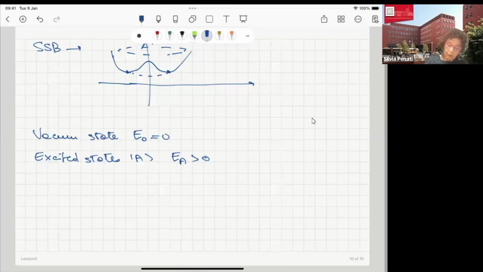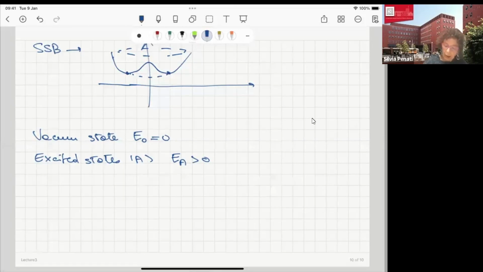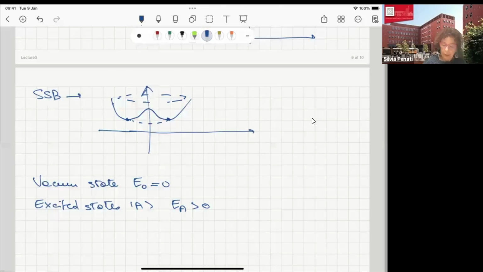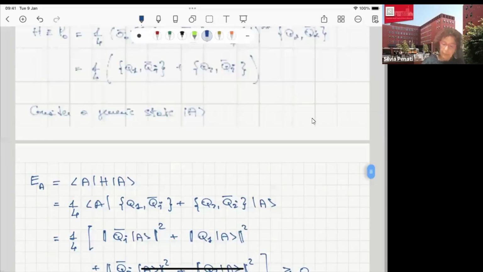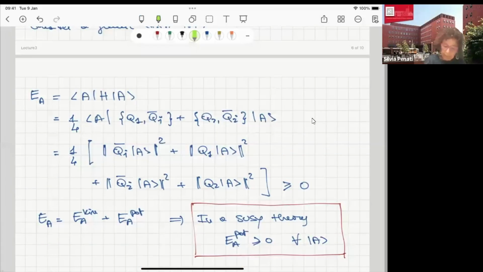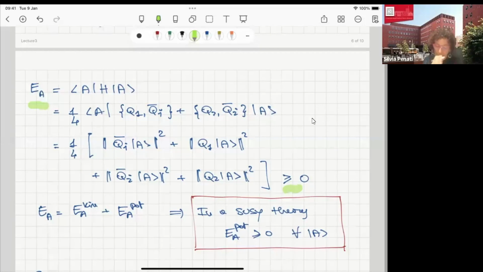But if the energy is strictly positive, it means, let me go up to the calculation that we did here. If the energy is strictly positive, it means that when you act with Q or Q bar on the excited state, some of these terms have to be non-vanishing. Okay, therefore it means that the action of Q or Q bar on the excited state is non-trivial.